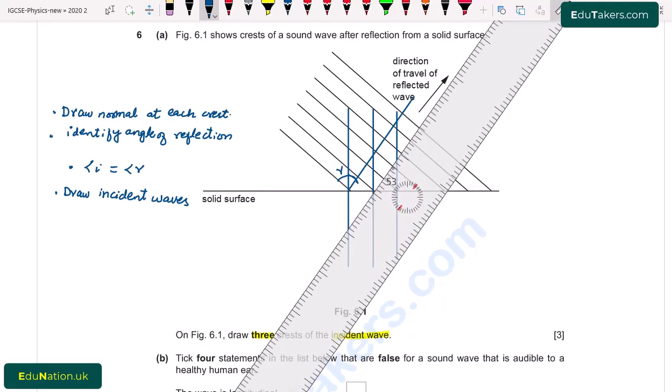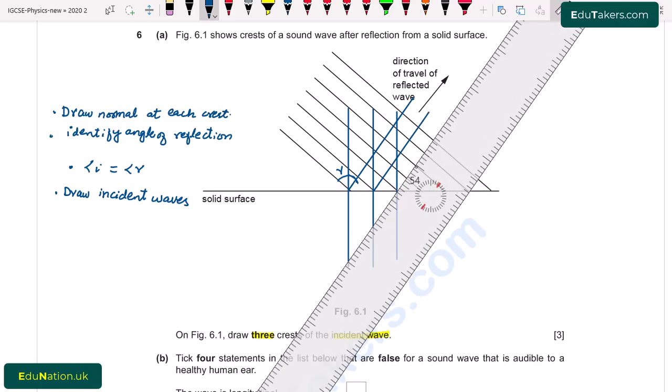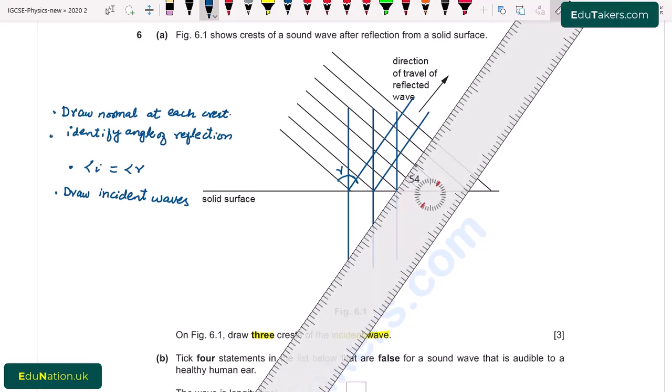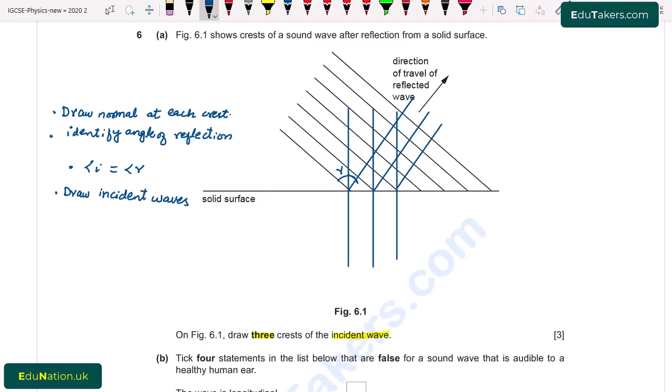All of these rays must be parallel and the distance between them must remain the same. You should be careful about that. Now I have to draw these incident rays. Now I have to erase all of the normals. These are the incident rays.